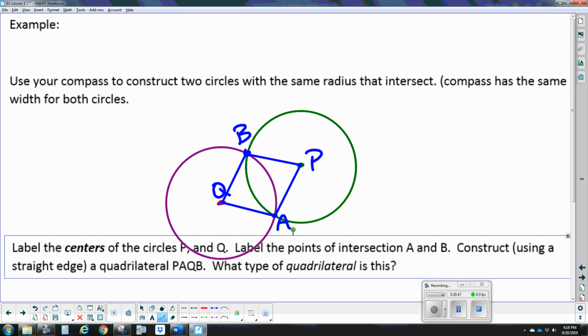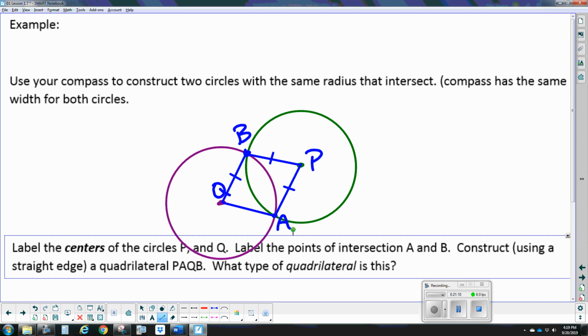And if you look at segment PA, that's a radius. And if you look at segment PB, that's also a radius. We know that all radii within a given circle are congruent. BQ is a radius of the purple circle, but we know that these two circles have the same radius.